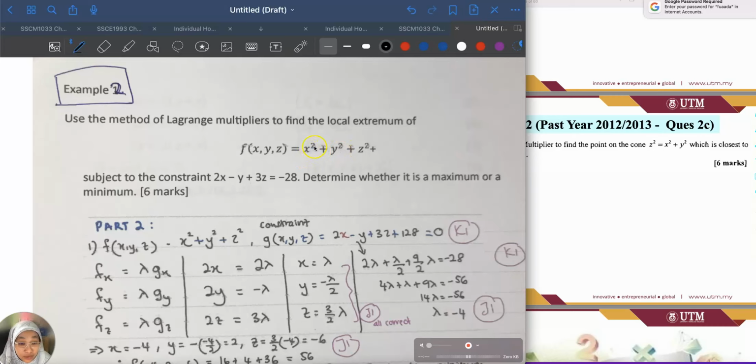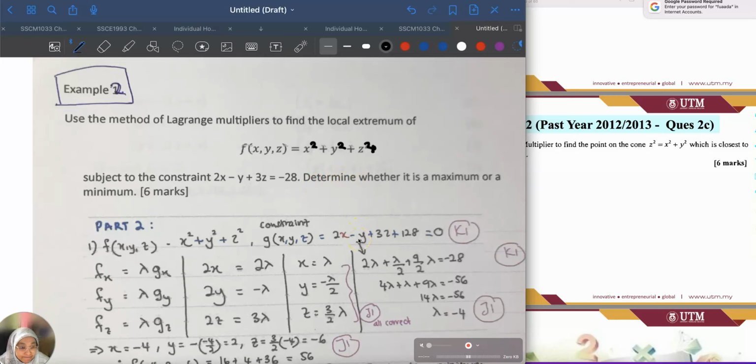So you have x squared plus y squared plus z squared, subject to the constraint given. Determine, after you do the process just like you have done before, whether it is max or min.